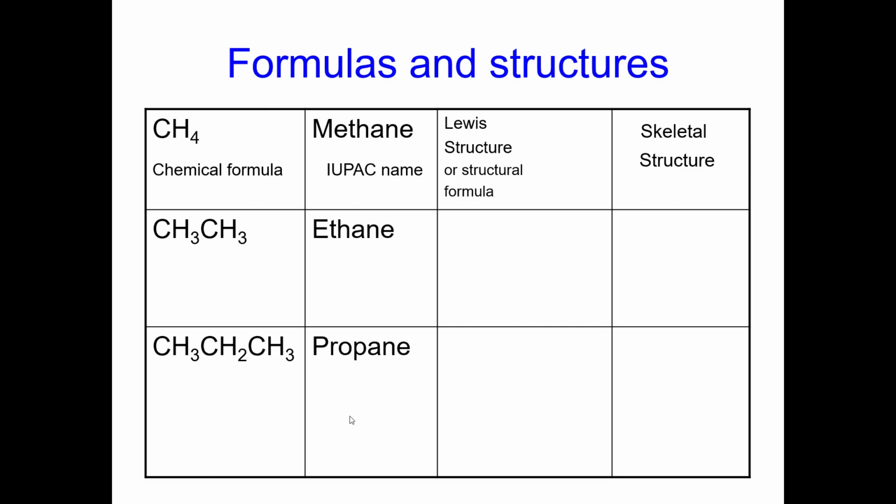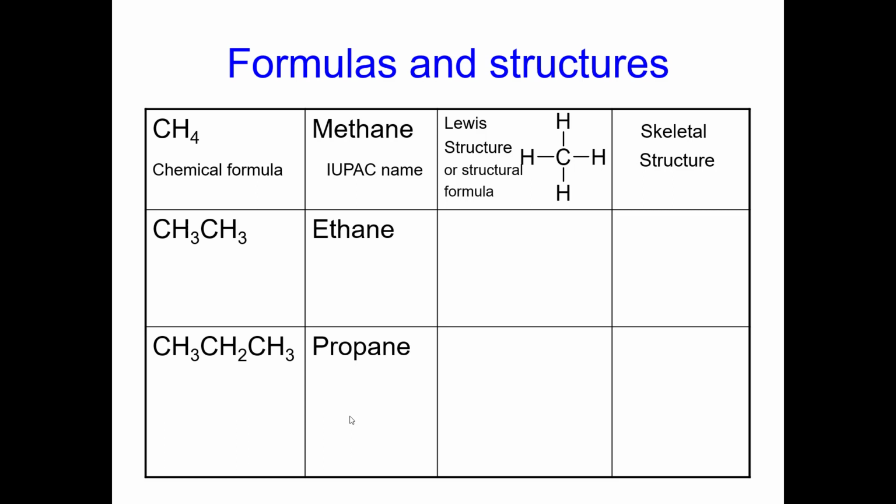When it actually comes to drawing our structures, we typically have a Lewis structure, a skeletal structure. We can also have Fischer structures later on. And it's important that you understand the difference, okay? So our Lewis structure is one that we have absolutely every single thing drawn.